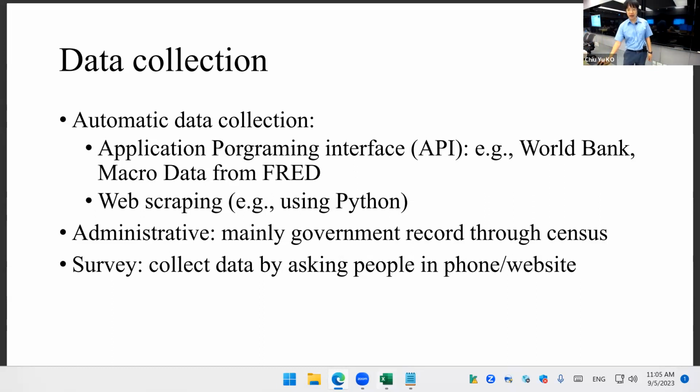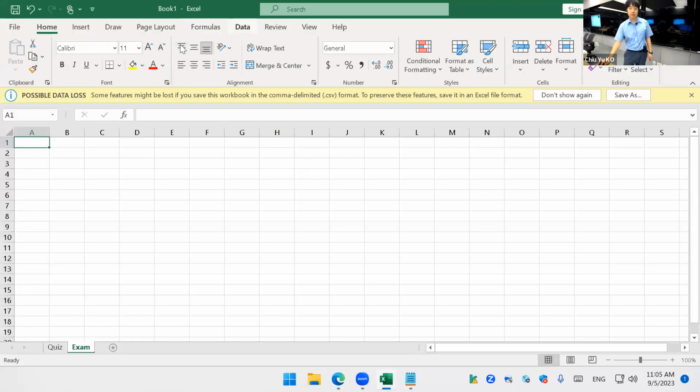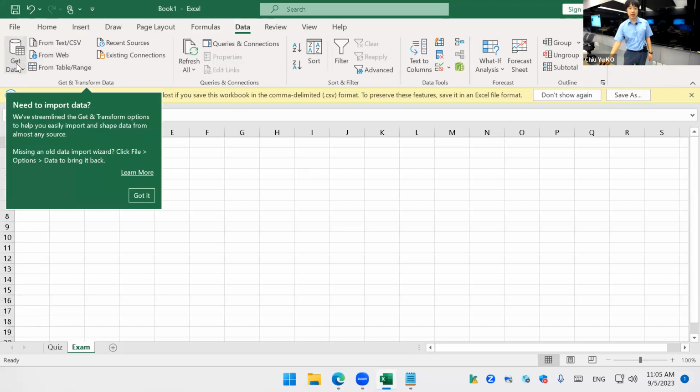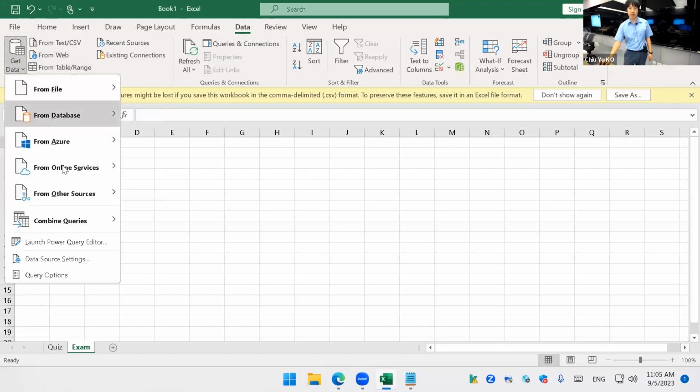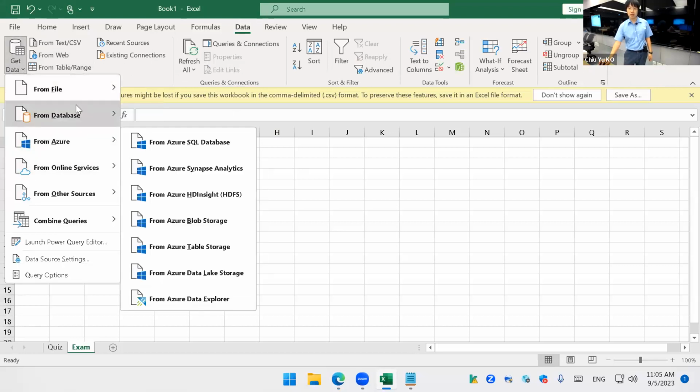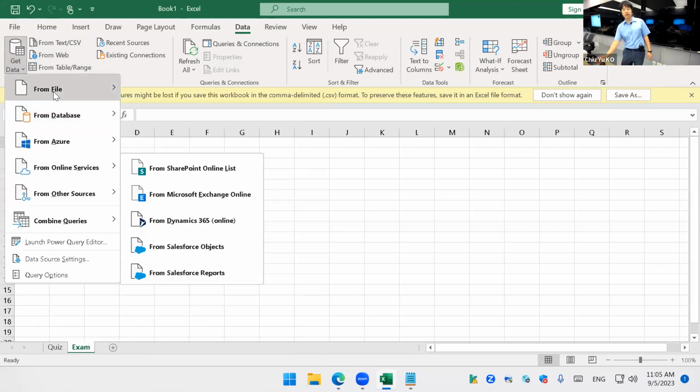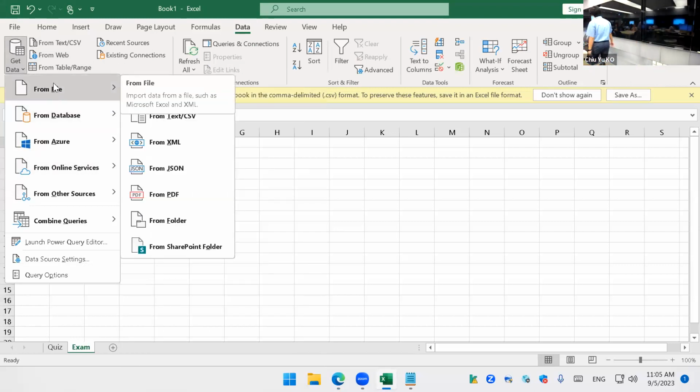Even though you don't know Python, I think it enables you to get data in this way. Okay, so even if you are not super happy with Python, Excel enables you to download data pretty easily. So if you try to do basic data scraping, Excel can do it.